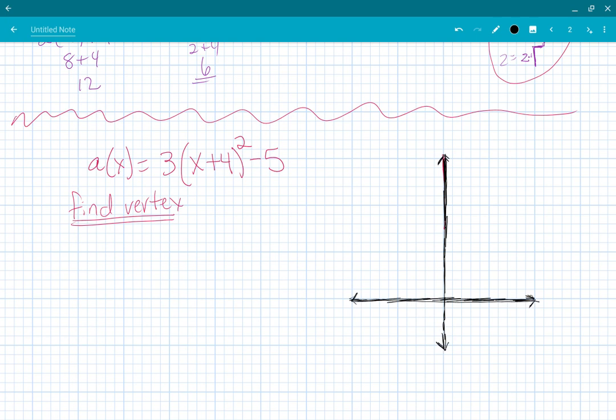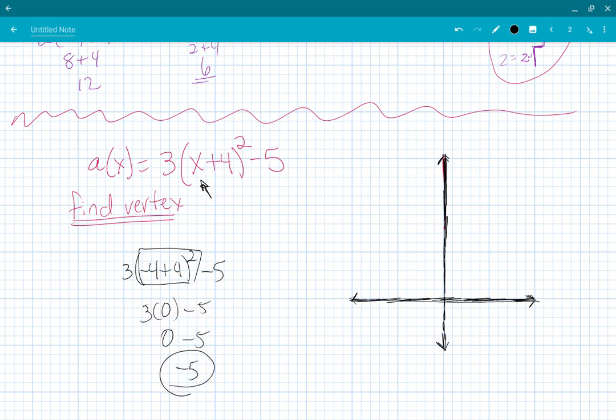So if you plug in a -4 here, you've got to do the math. After a while, you'll stop doing the math. But for now, you're going to see that this is going to become 0, and 3 times 0 is 0. And what's still not affected? Which number survives when you plug in a -4?